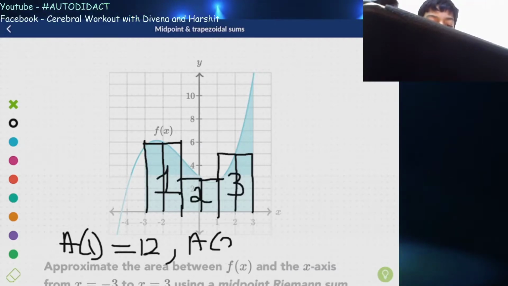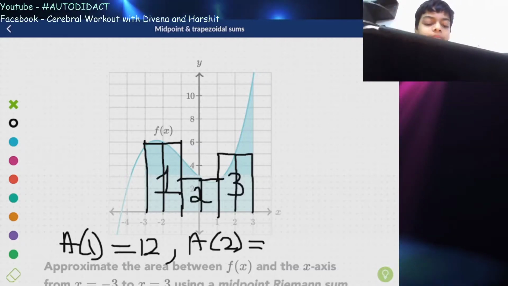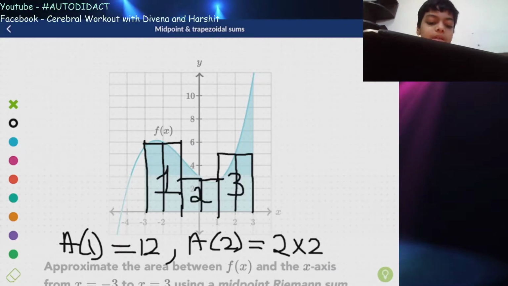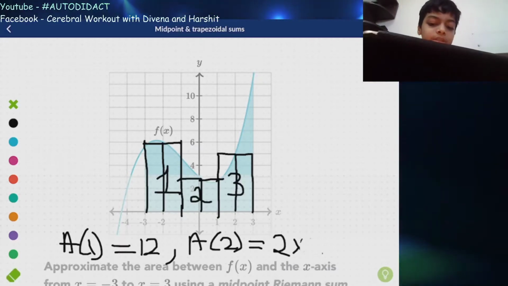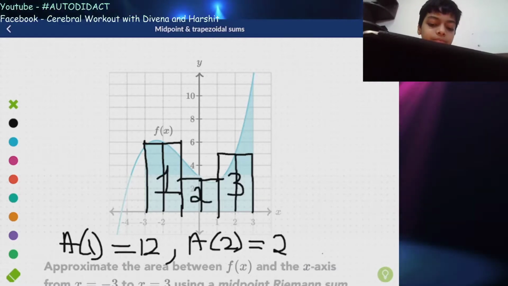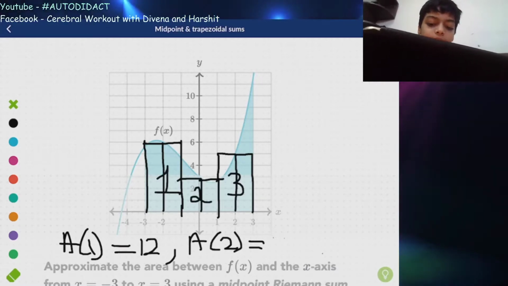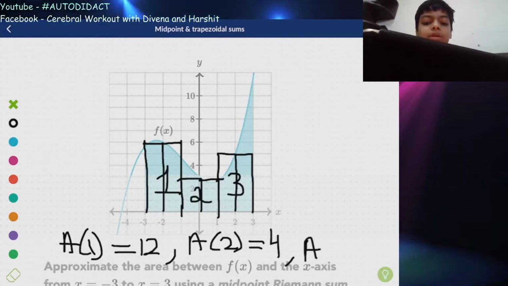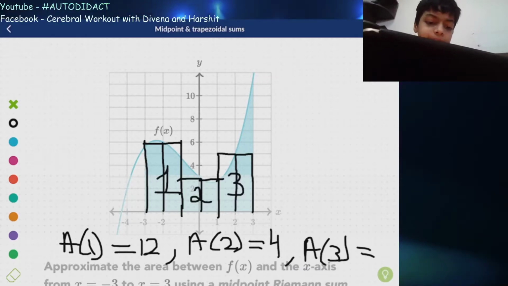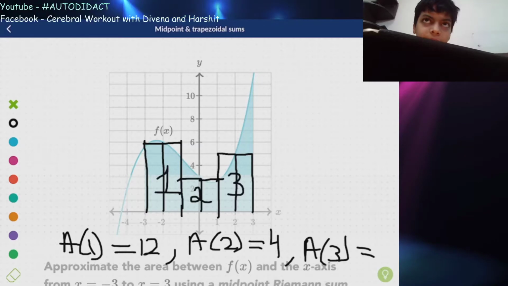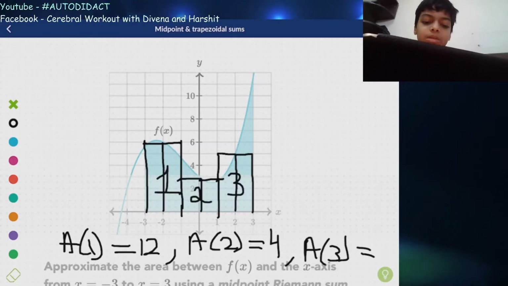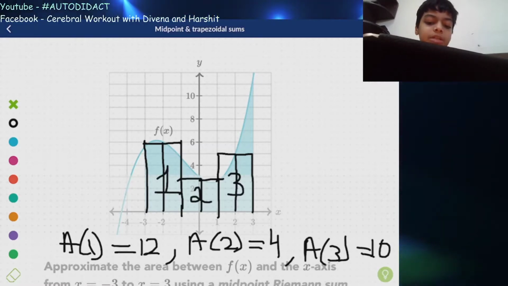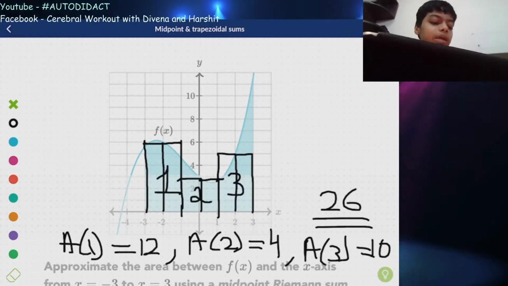The area of the second rectangle is 2 times 2, which is 4. The area of the third rectangle, with height 5, is 5 times 2, which is 10. So 12 plus 4 is 16, 16 plus 10 is 26. So the area is equal to 26.